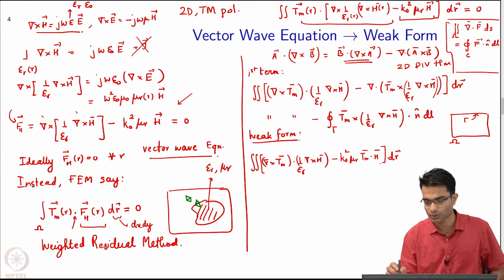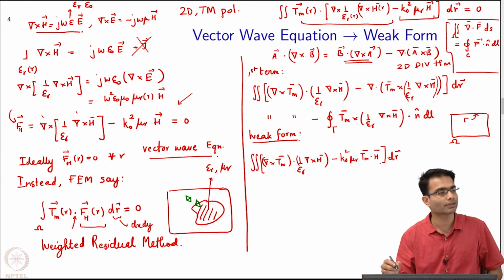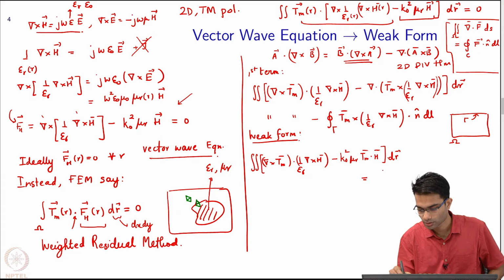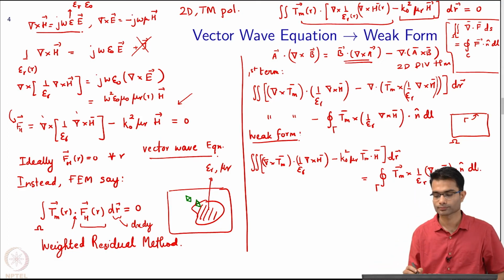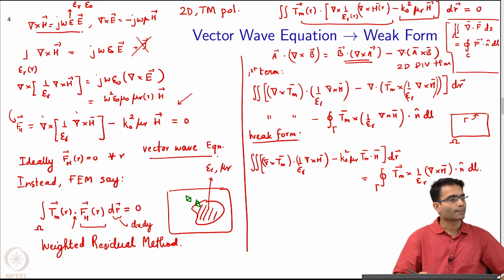So these are the first two terms, and what am I left with? I can take this guy onto the right hand side. So this is the 2D weak form.